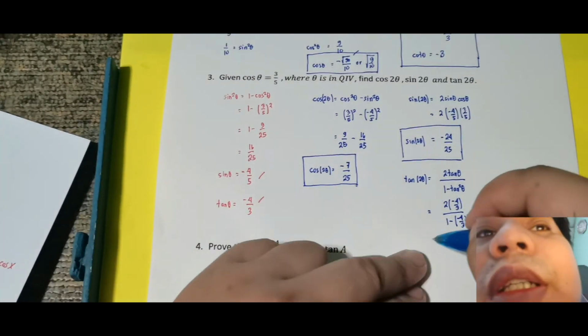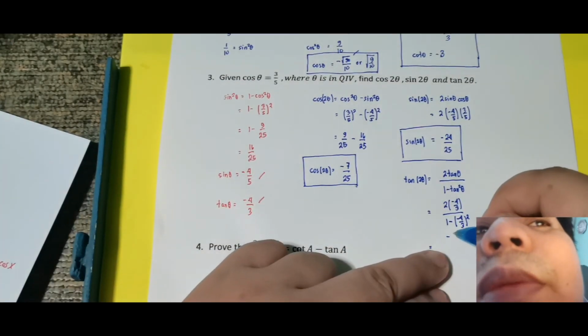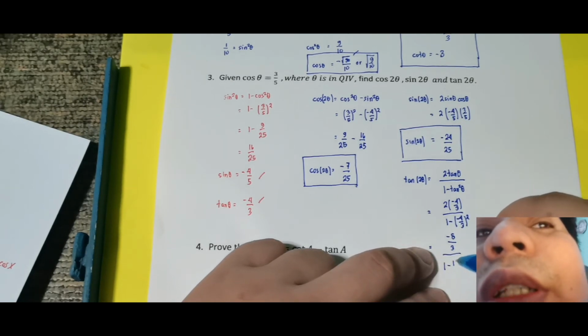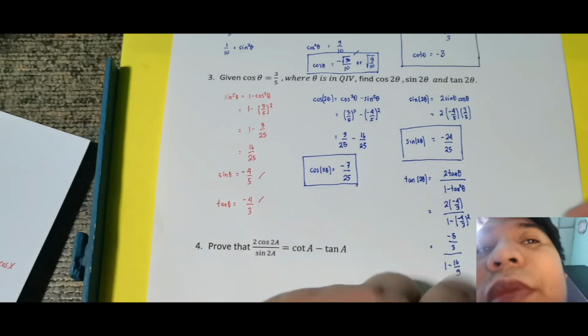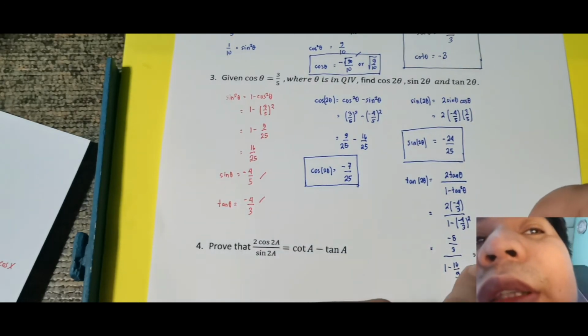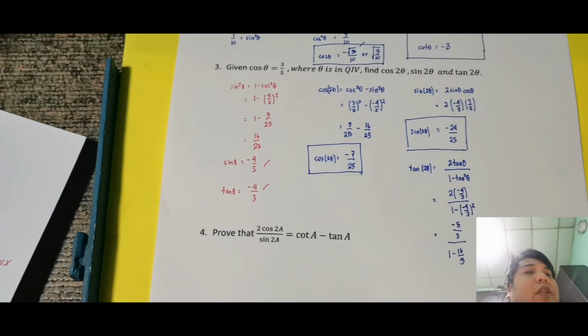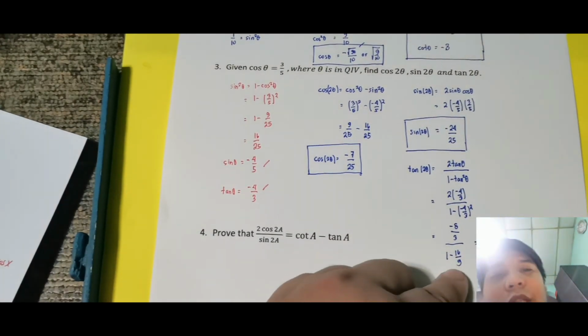Okay, which is equivalent sa negative 8 over 3 all over 1 minus 16 over 9. Or simply, this is negative 8 over 3 multiplied by, that is 9 minus 16, negative 7 over 9.